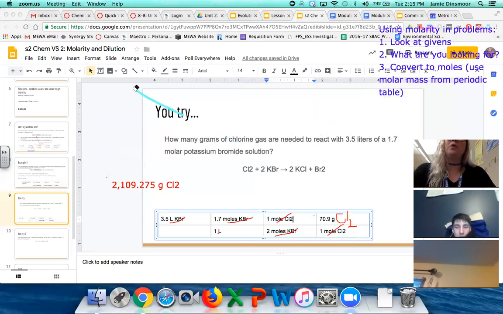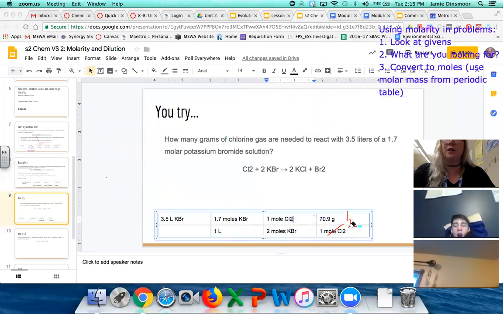Okay, so your best bet on these equations is to look at all the examples again, set your stuff up just like the examples, and most importantly, make your units cancel out, right? That's what's going to get you to the answer. Oh, I have liters. What do I know that I can cancel out with liters, right? Write down all the numbers they give you.